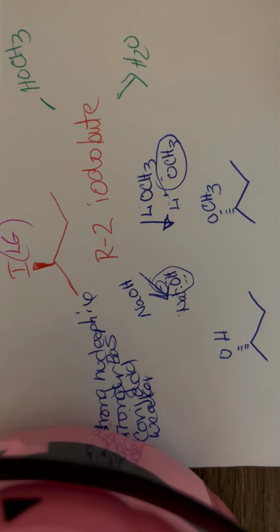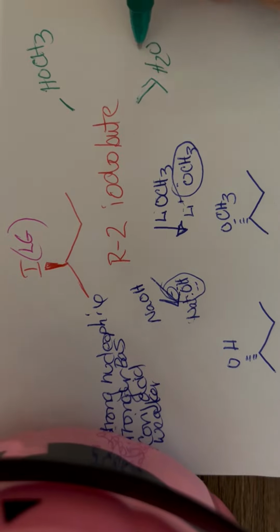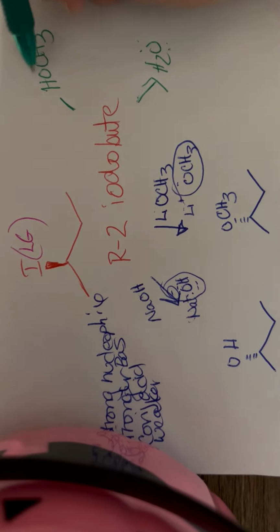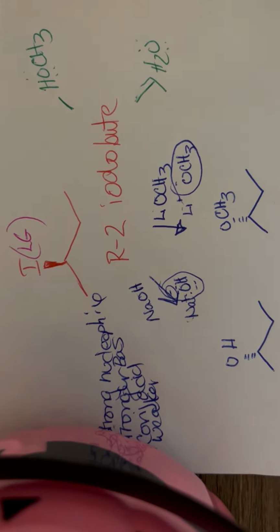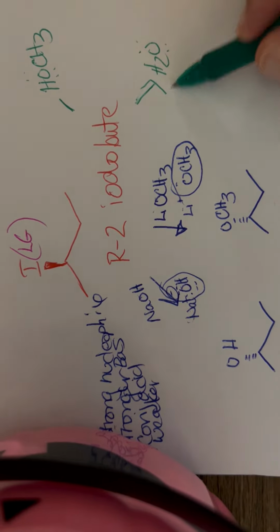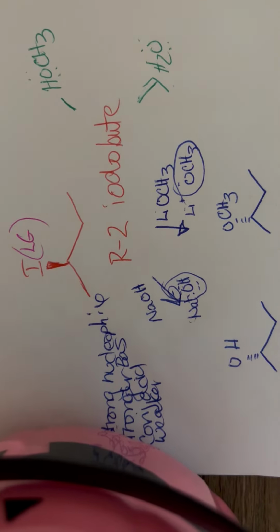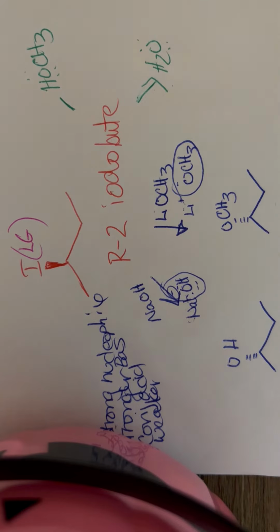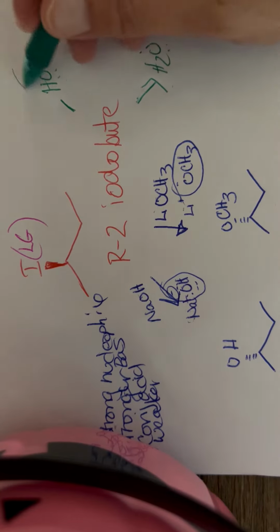If we look at our other two, we have water and methanol. They're nucleophilic, but they're not strong nucleophiles. They're not strong bases. So because this is equally initiated by my nucleophile and my leaving group, having a weak nucleophile makes it much less likely.